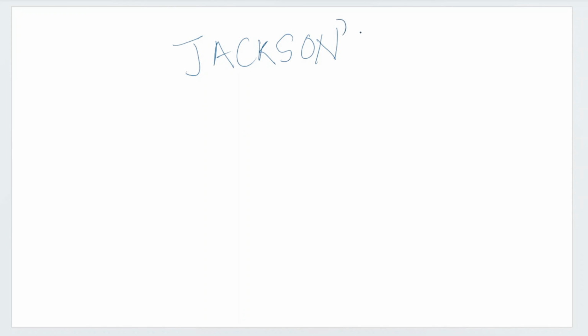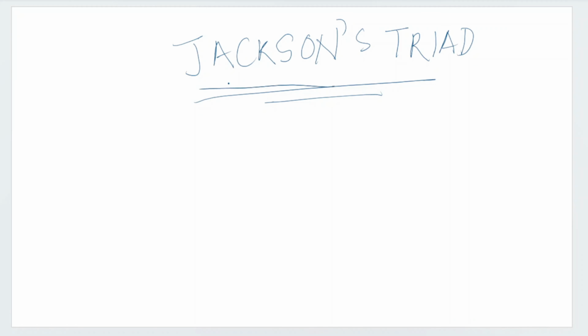A lot of times you will see this question, what is Jackson's triad? We know what malocclusion causes, right? So how are we going to treat it? All the aims and objectives of orthodontic treatment have been summarized by Jackson as Jackson's triad.